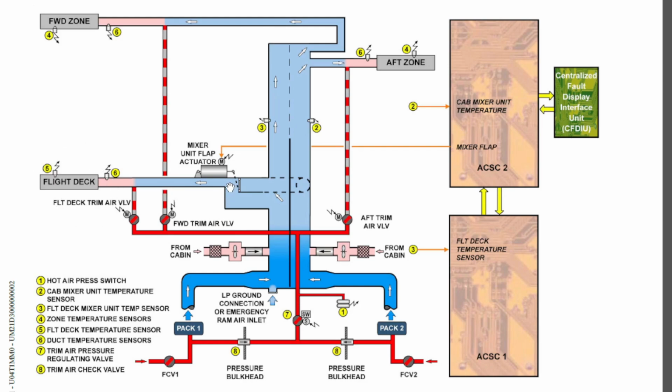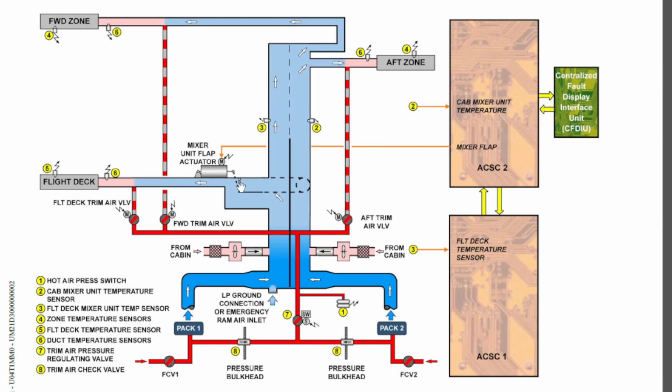So here you can see that this duct leads to the flight deck or the cockpit, and here there's another duct. This duct will supply air to the aft zone, and here there's another duct. This duct will supply conditioned air to the forward zone. And you can also see that there are temperature sensors in the zones as well as on the ducts.